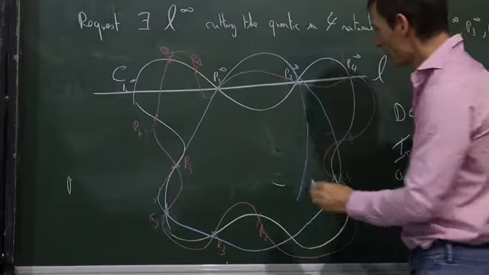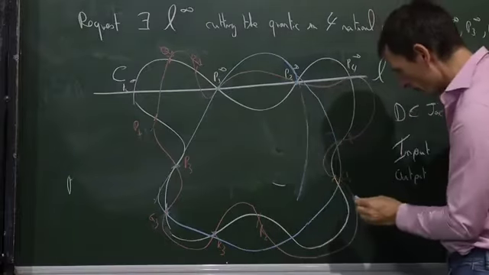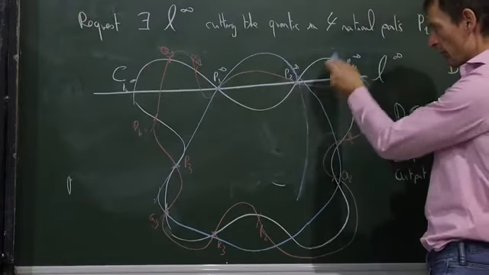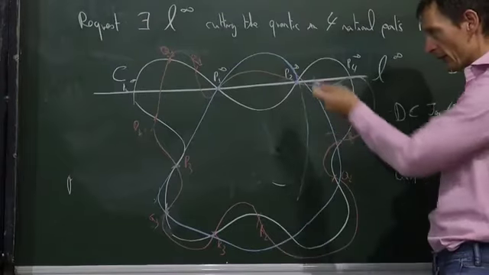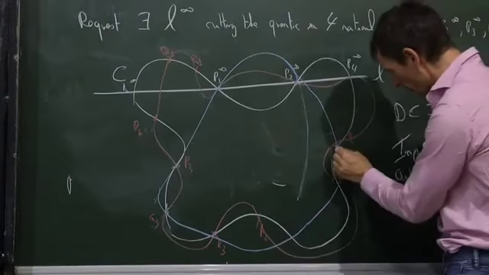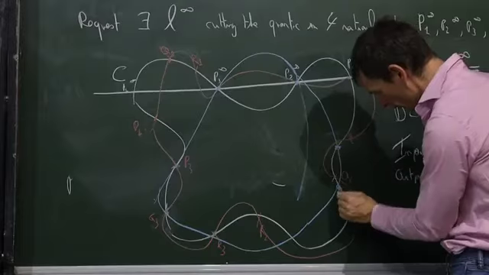But anyway, it goes through these points, and of course, because it's 2 times 4, that's 8, and you had 5 points, so you have a residual divisor here of degree 3.